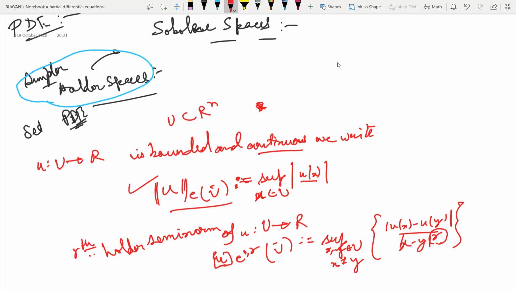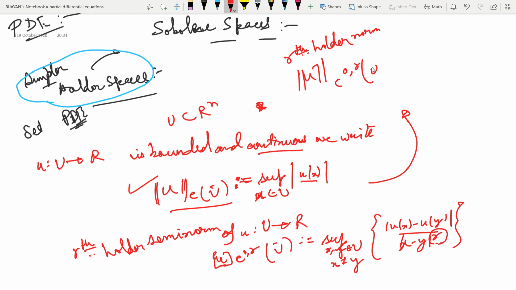Let's write it here. The gamma Hölder norm. Here Ū is nothing but the closure of U, basically.